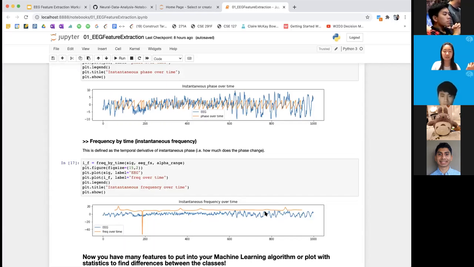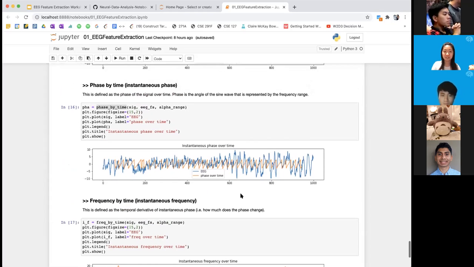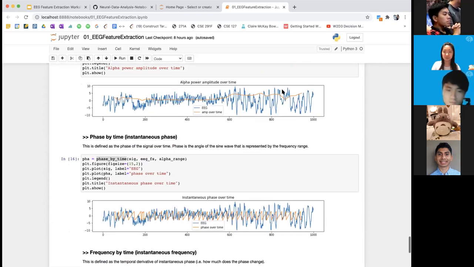Comparing it with other trials that might have a smaller standard deviation for this frequency by time series. And you can do the same thing for amplitude as well. But again, this is just for a single trial.